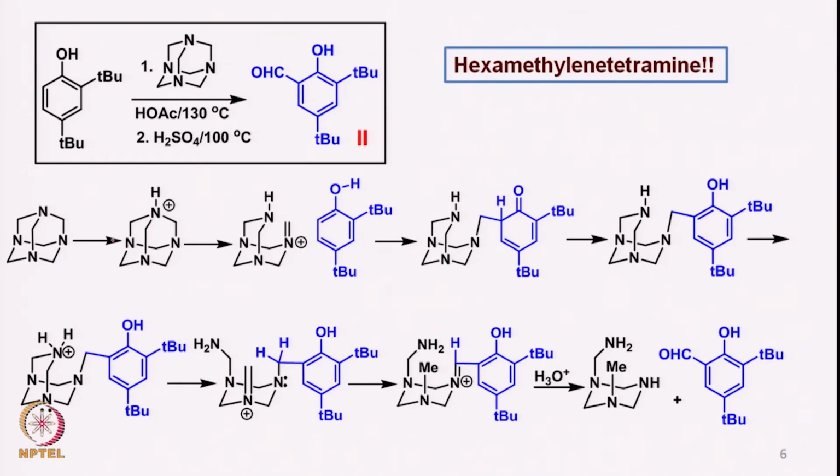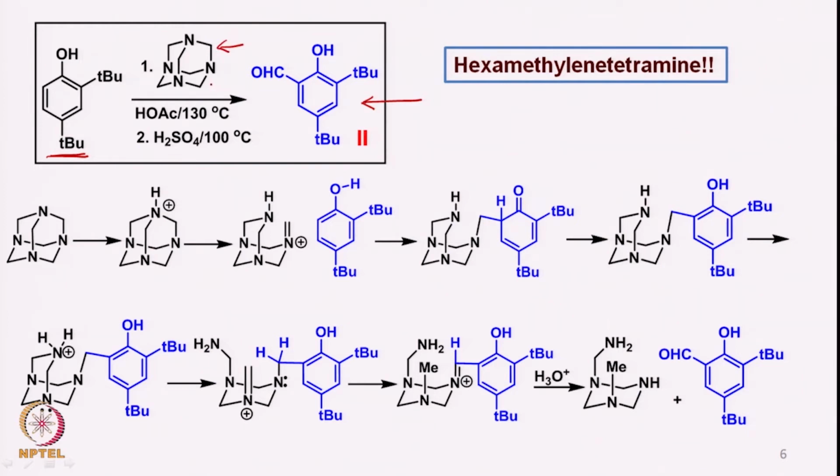Now, how do we get the corresponding aldehyde? This is a little difficult aldehyde, or salicylaldehyde, to get, but one of the ways by which we can introduce the aldehyde group into an aromatic molecule is by reacting the aromatic moiety with hexamethylene tetramine. So, hexamethylene tetramine has this cyclic structure.